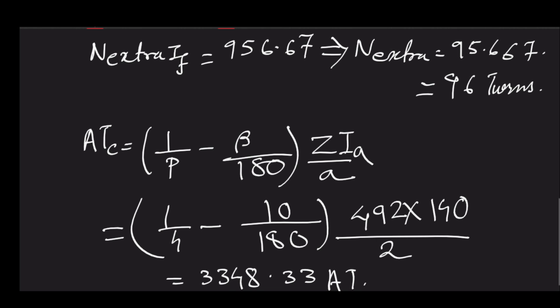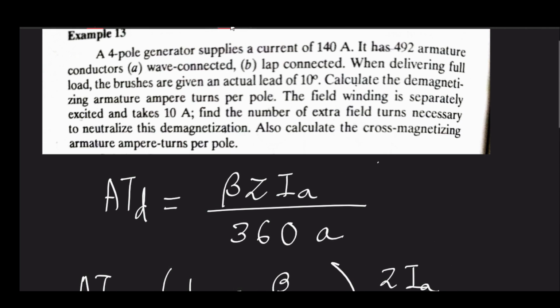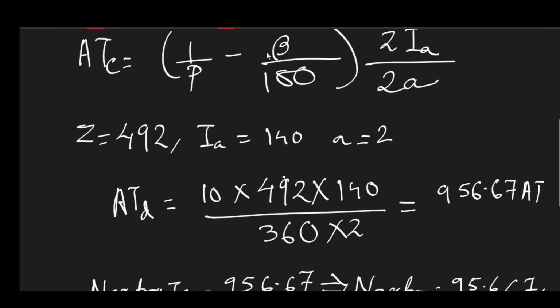Similarly, you can do it for lap. What changes do you have to consider for lap? For lap, this A will become 4. So if A becomes 4, then what would happen here?